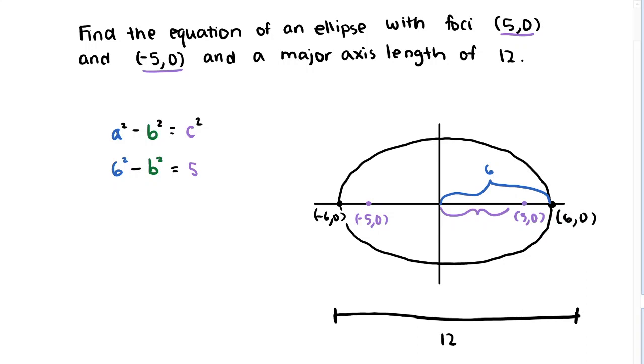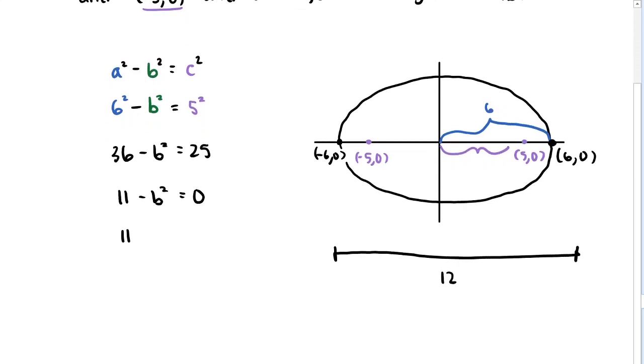So I could write this as 5 squared. And so we get 36 minus b squared is equal to 25. Subtracting 25 from both sides, we get 11 minus b squared is equal to 0, telling us that 11 is equal to b squared. And so that means b is equal to plus or minus the square root of 11. So this distance here is the square root of 11.